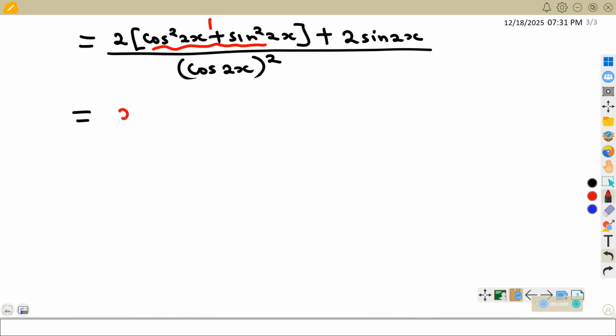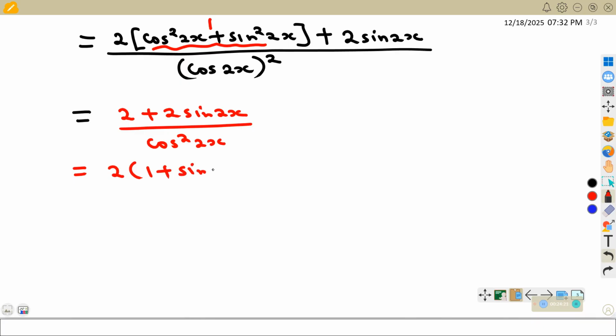So this will be 2 plus 2 sine of 2x divided by cos squared of 2x. This will be the same as having 2 into 1 plus sine of 2x divided by cos squared of 2x.